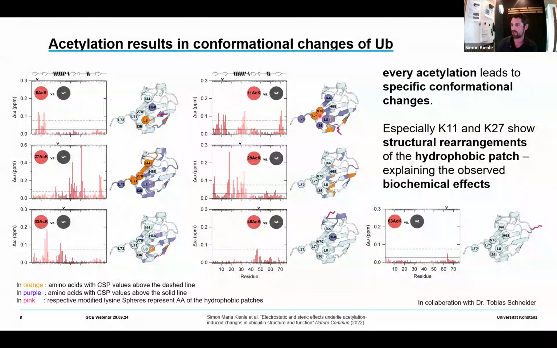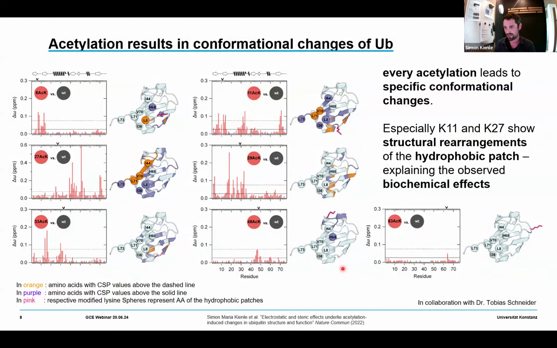And also here we found a structural rearrangement at the hydrophobic patch. So we concluded from here that the structural rearrangements are the underlying reason for the biochemical effects we observed. Moreover, we also found that each acetylation in ubiquitin leads to a distinct structural rearrangement.